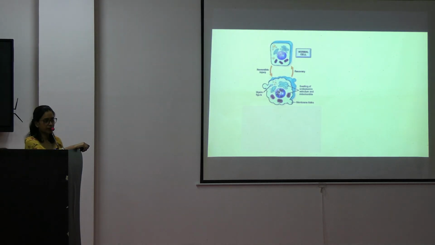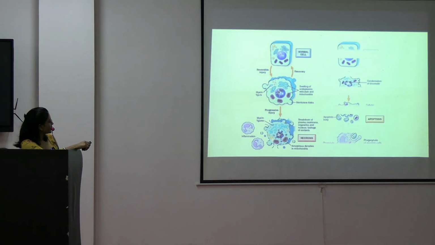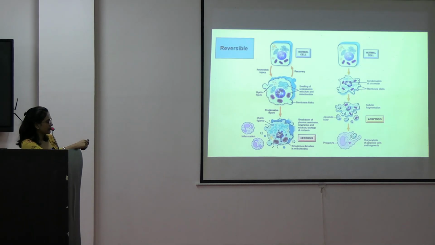What was the first step? Dysfunctionality of the sodium pump and increased concentration of sodium, water and calcium. All of this will lead to swelling and hydropic change. So up until here are the changes of reversible cell injury.